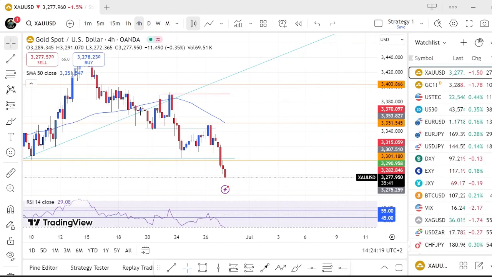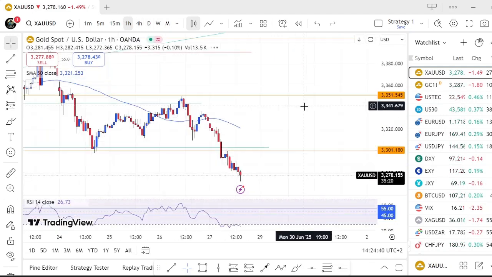It is clear that bearish momentum has persisted, and there are clear structural levels established for the bears in the gold market. Futures price is trading at 3,287, which is a clear 15-point difference between the current price and the futures price to the upside.